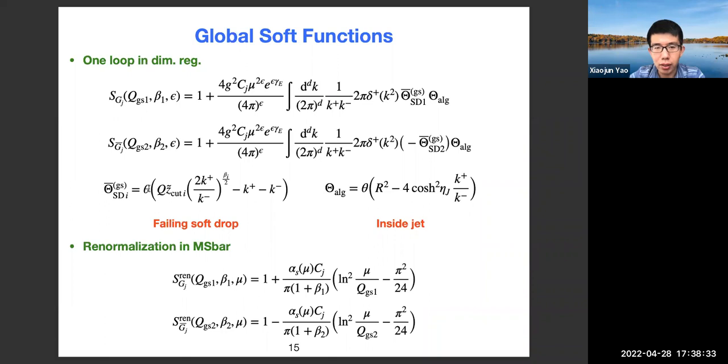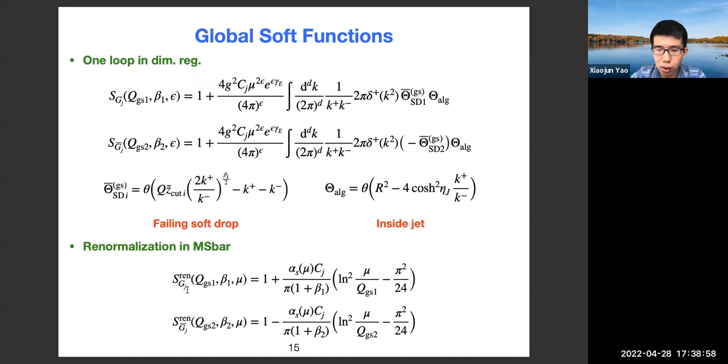And the global soft functions fulfill the soft drop criteria. So we have some theta functions here. This is basically just representing the soft drop criteria, written in a nice way depending on the momentum of the radiated gluon.